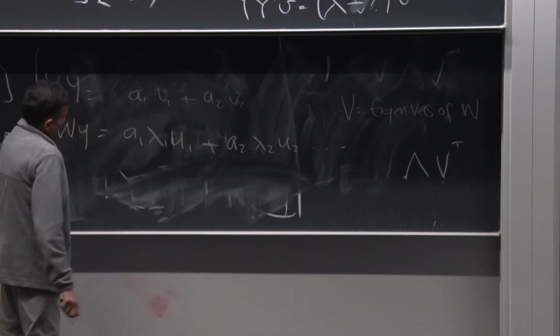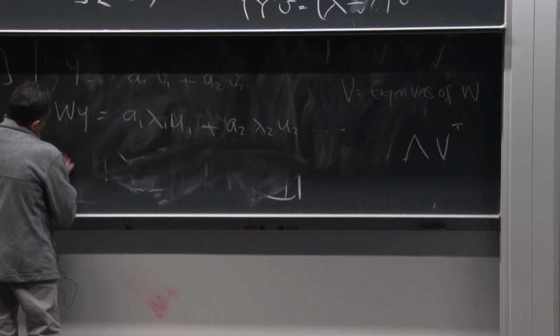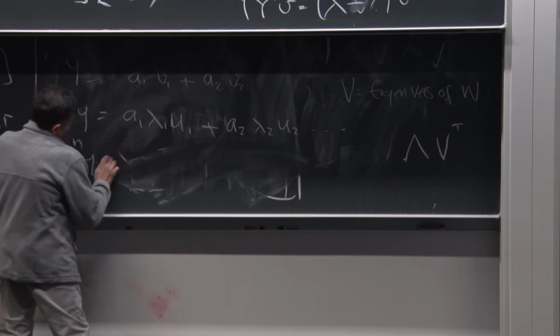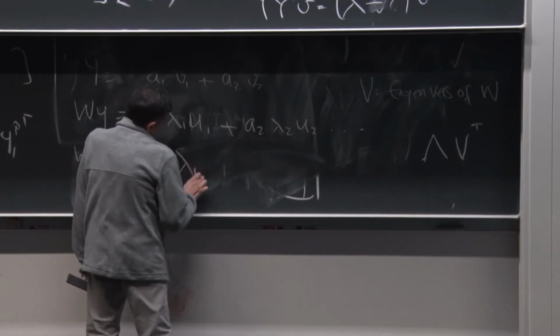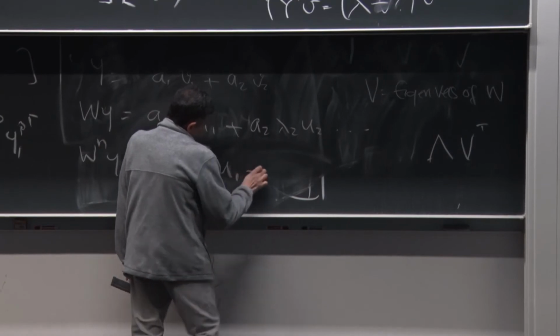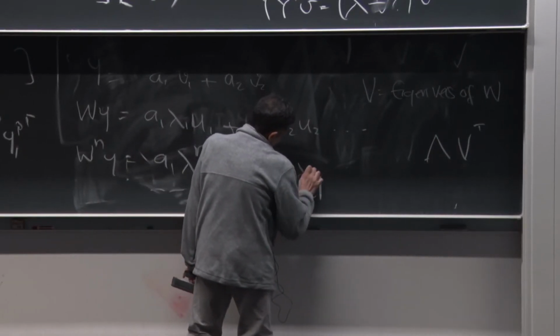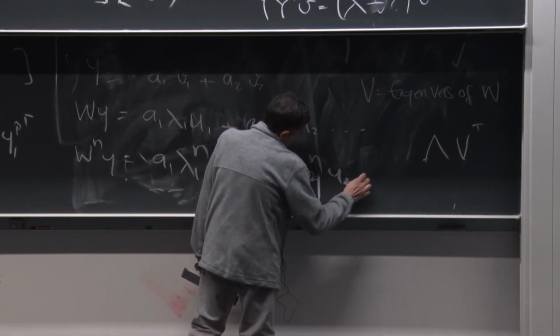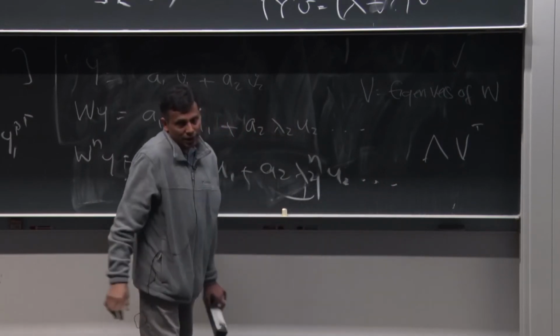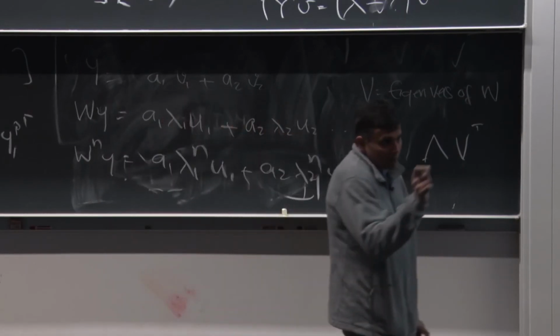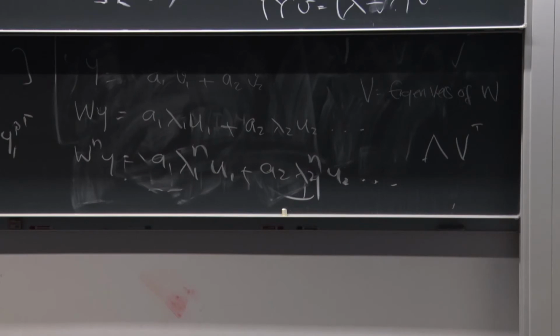And what is W raised to n times y? That's going to be a1 lambda 1 raised to n v1 plus a2 lambda 2 raised to n v2 and so on. Every time I multiply by W, the contribution of each of the individual eigenvectors is going to get stretched by lambda.